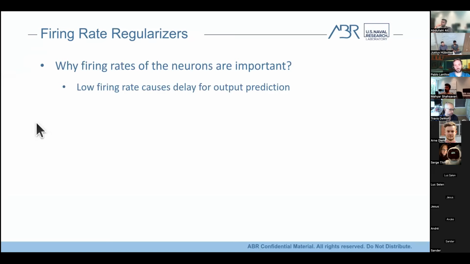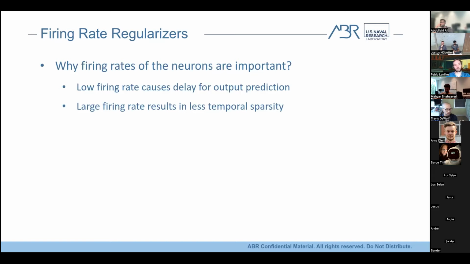If your spiking neural network has low firing rates, then changes in information are going to be slow to propagate throughout the network. If the firing rates of the neurons, on the other hand, are too high, then you end up with minimal temporal sparsity. And from an engineering standpoint, really the only reason you would want to use spiking neurons is power efficiency gains, and you lose all of those if you have a super high spiking rate.